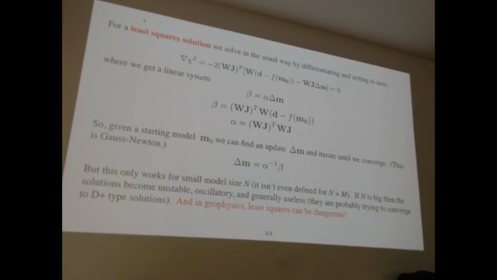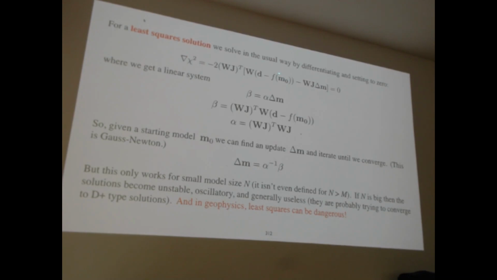So to solve this in a least squares sense, you take the derivative of the misfit and set it equal to 0, and this gives you a linear system, which is this, where beta looks a little bit like your model misfit, alpha looks like your data matrix, and n is a change in your model from a starting model n naught.